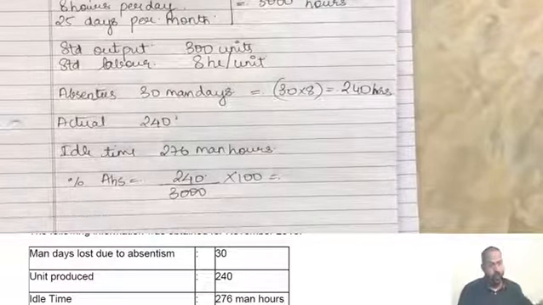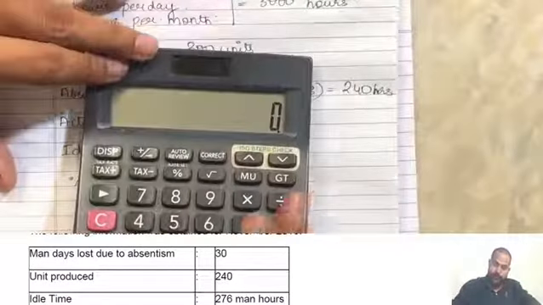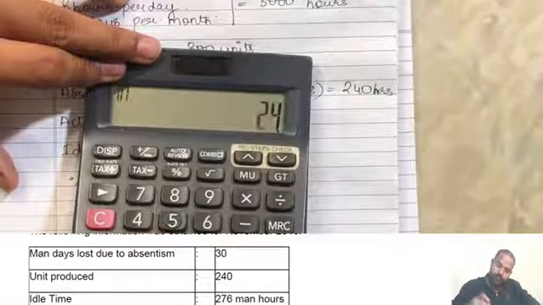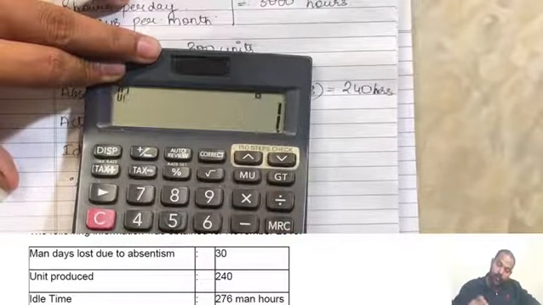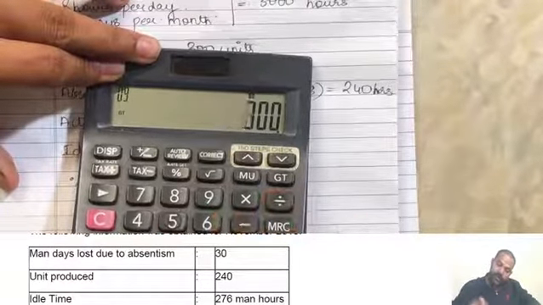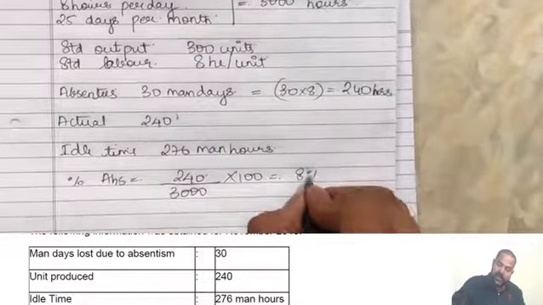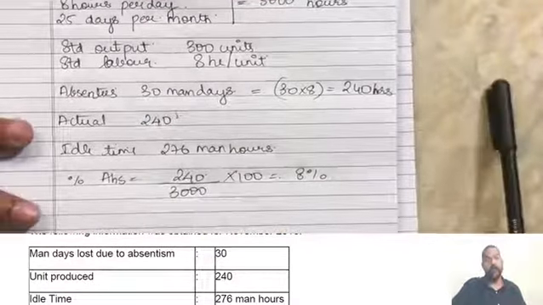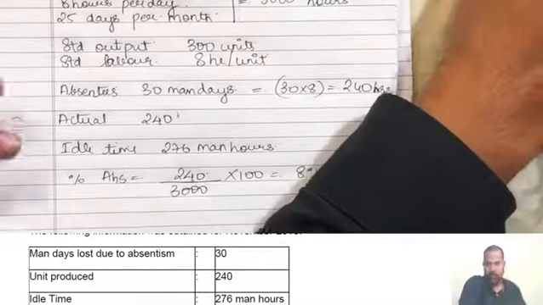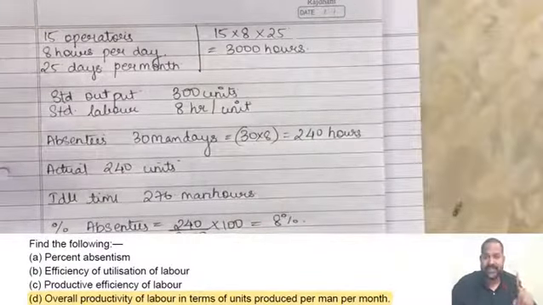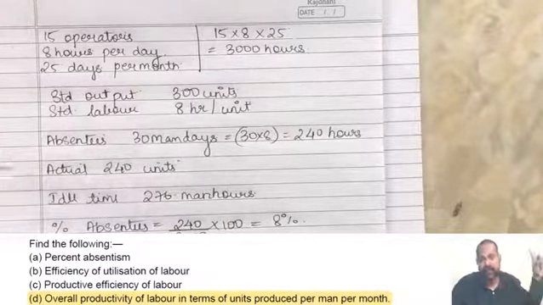What does 240 into 100 divided by 3000 become? 8. So I have lost 8% of time due to absentees. Question 1 is solved.